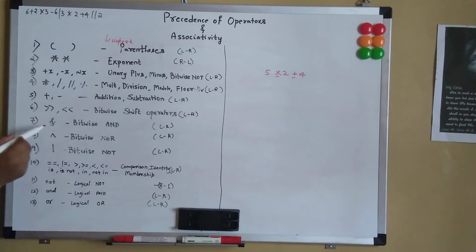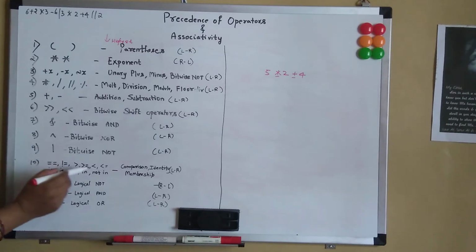At the seventh level is the bitwise AND. At the eighth level, bitwise XOR. At the ninth level, bitwise OR. At the 10th level, all the comparison, identity, and membership operators. At the 11th level is the logical NOT. 12th is the logical AND. 13th is the logical OR.